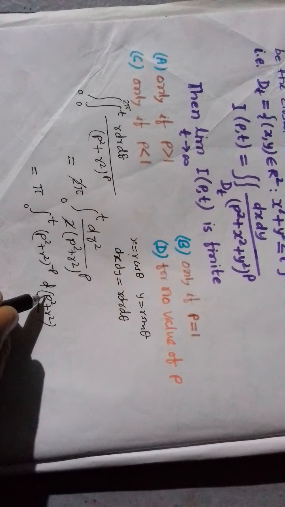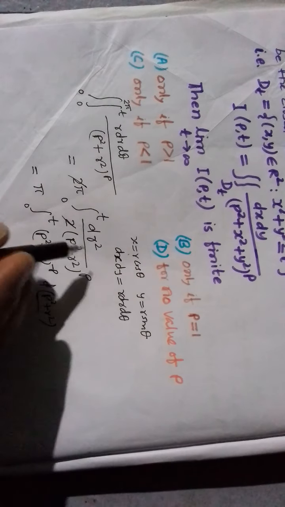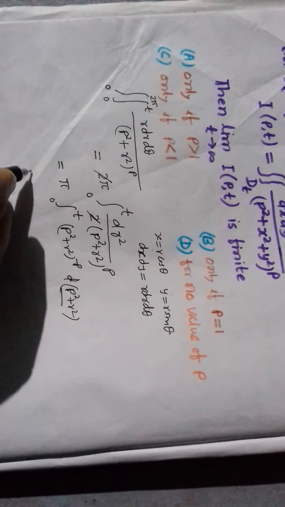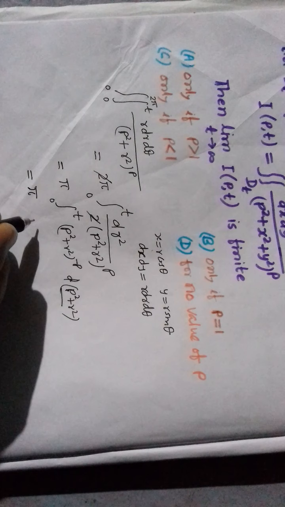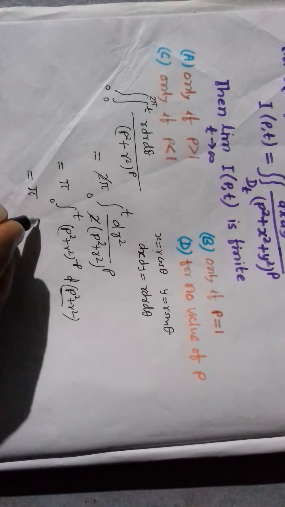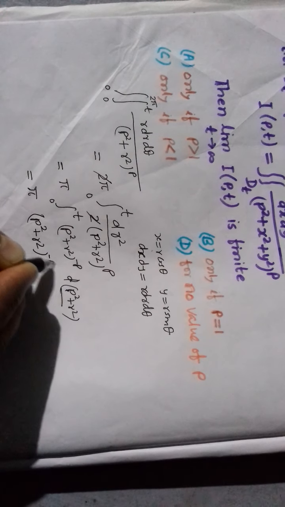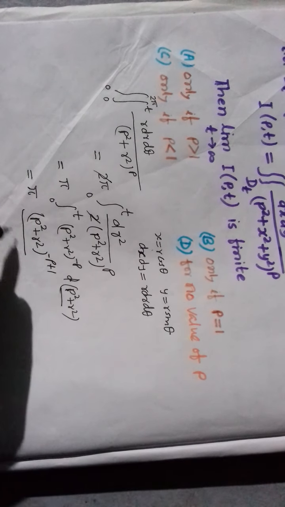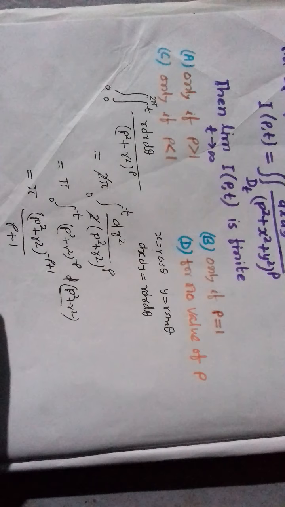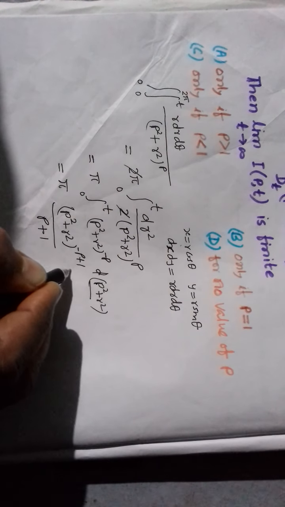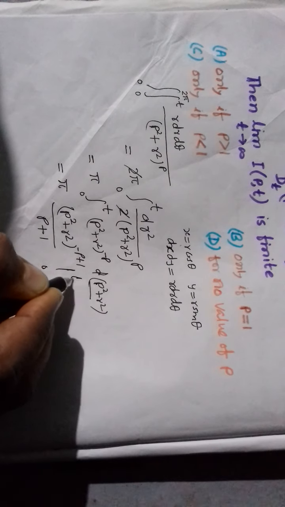Since p square is a constant, its differentiation is 0, so again you have d(r square). So this will be pi, and the integration gives (p square plus r square) to the power minus p plus 1, divided by minus p plus 1, with limit from 0 to t.